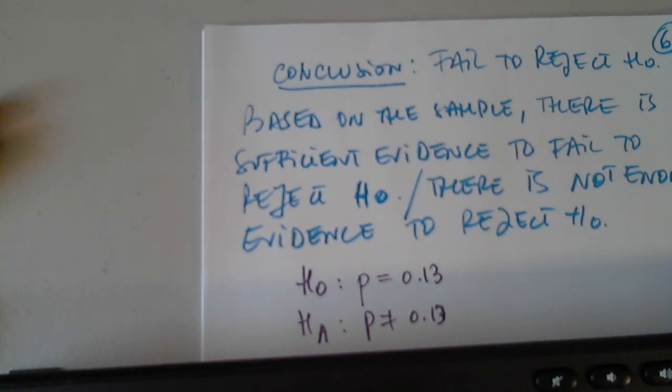Okay, there is more to it. Look at that. Explain what it would mean to make a type 2 error. That is, again, when I fail to reject and I should reject.